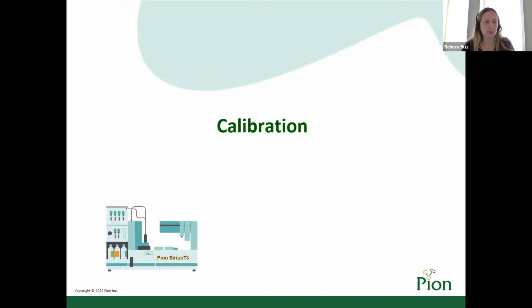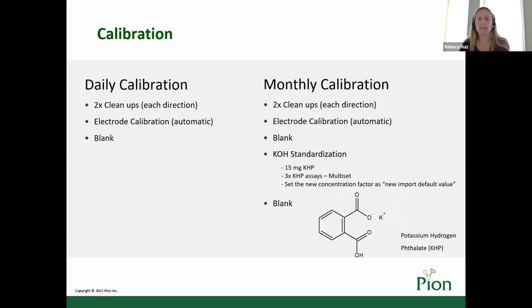Instrument calibration includes electrode calibration, blank, and the KOH standardization. Looking at the daily calibration, at the beginning of every day, 2 cleanups in each direction need to be performed. First one, high to low, and the second one, low to high.